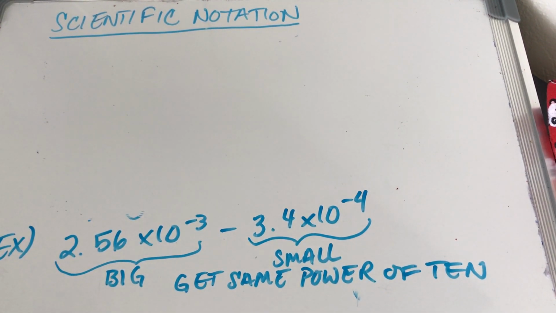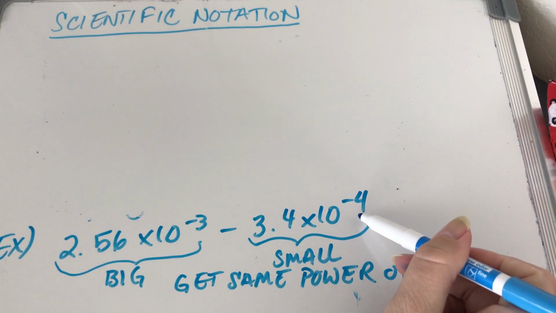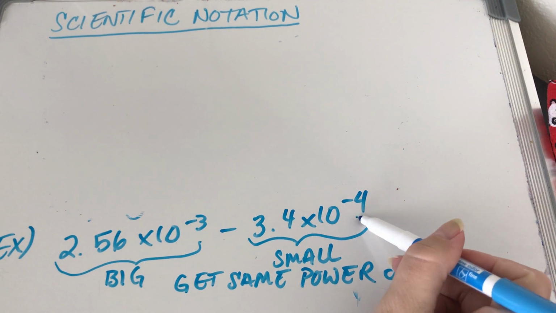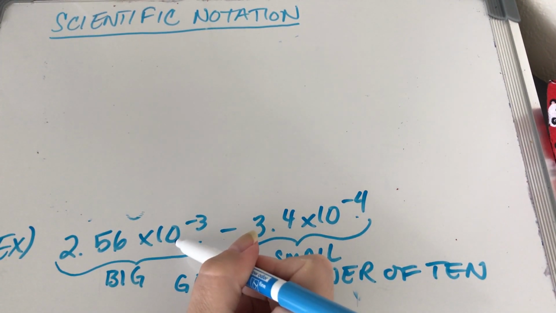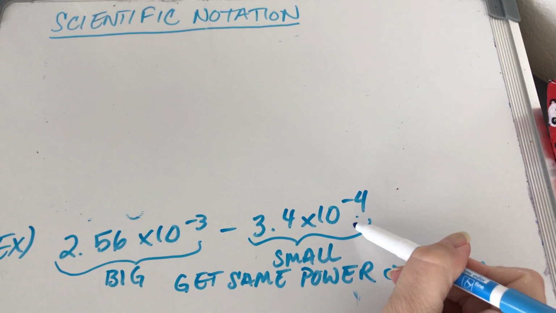Sorry, I'm not looking at the chat right now. Would you just move the decimal? Yeah, basically. So if this guy is in 10 to the negative 4, right? It's going to be a lot easier to do this math if we get this guy into 10 to the negative 4 as well, right? We could also get this guy into 10 to the negative 3, right?